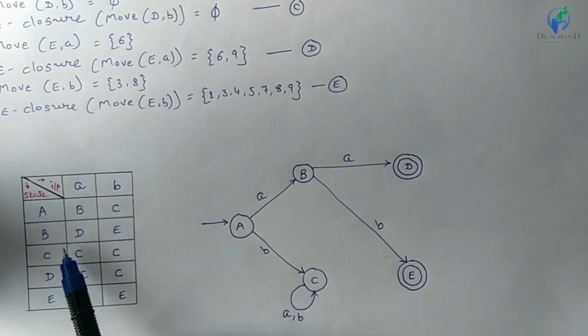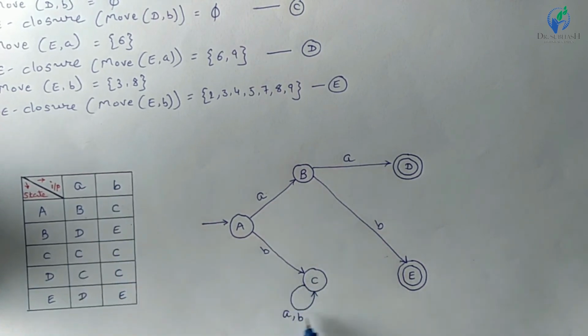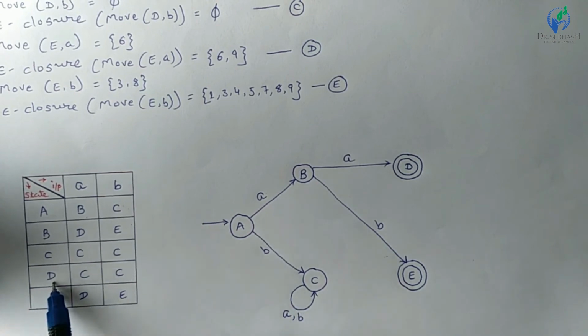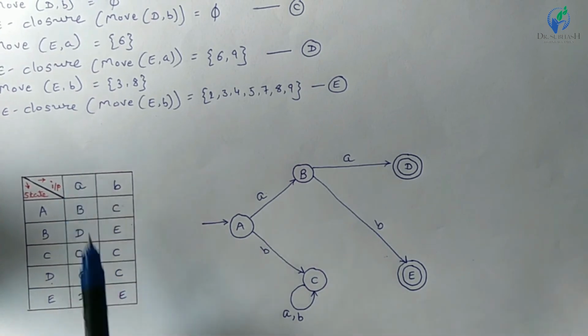Now C to A, C, and C to B, C. So it is not necessary to draw two arcs. In a single arc, you can write the input symbols separated by a comma.